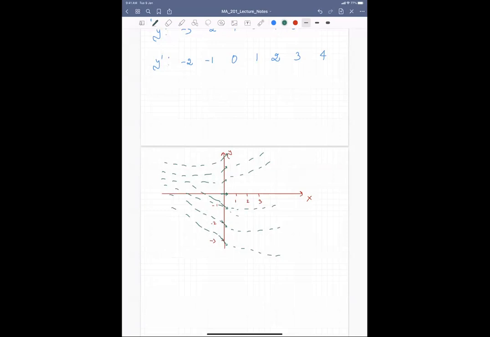Suppose all of this here goes like this, and here it goes very steeply like this. Then I can claim that simply by joining these arrows around x equal to 0, y equal to -1, at that point, my solution curve should be somewhat like this.